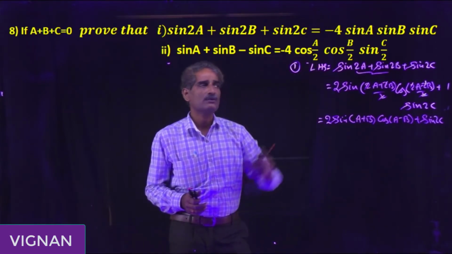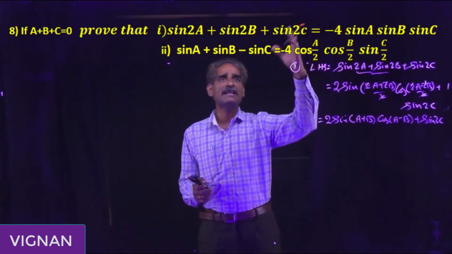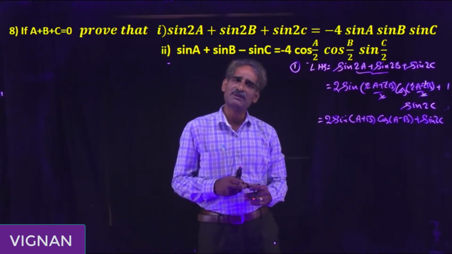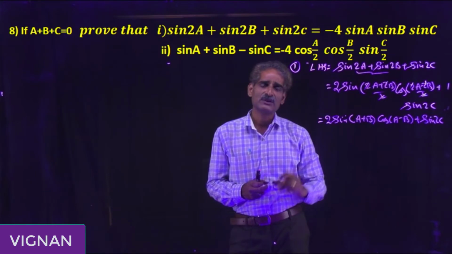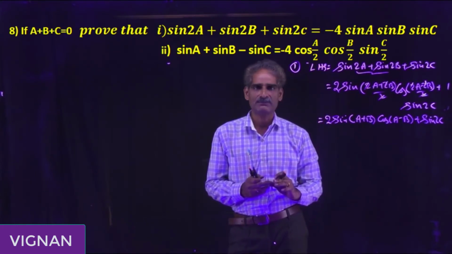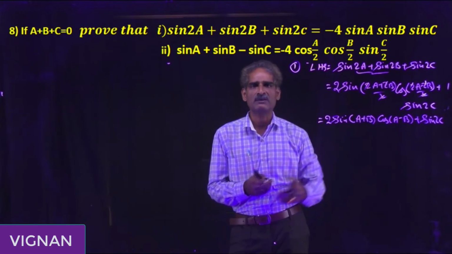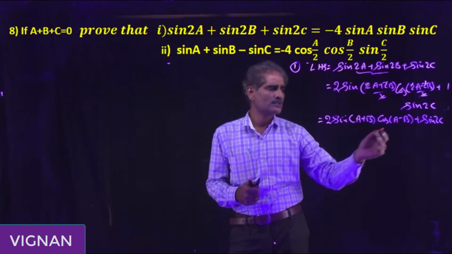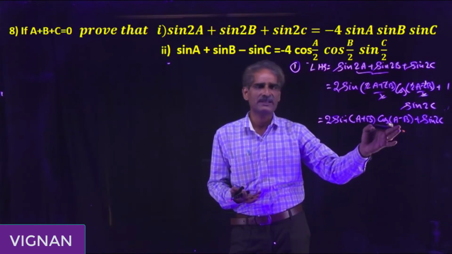Okay, so observe the right hand side of the first problem. Minus 4 sin a sin b sin c is there. So what are the angles in the right hand side? A, B, C. Just try to convert these angles into A, B, C, then we will get the answer easily. So cos of a minus b, you can't change this angle. There is no relation for a minus b.